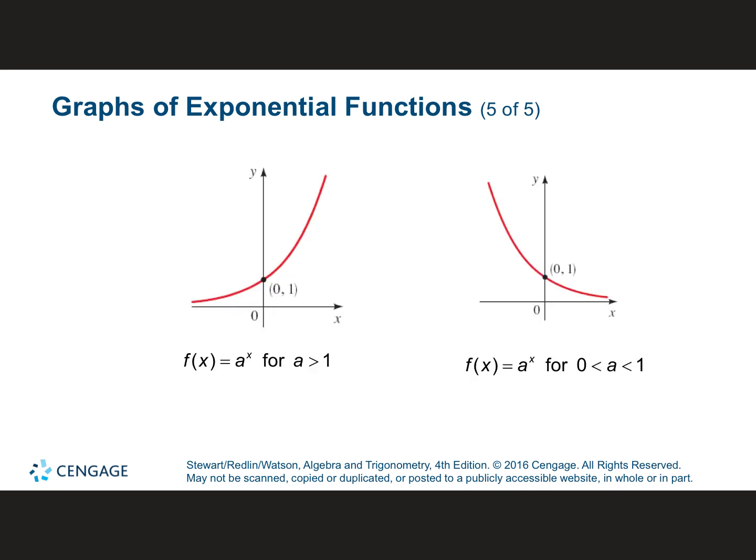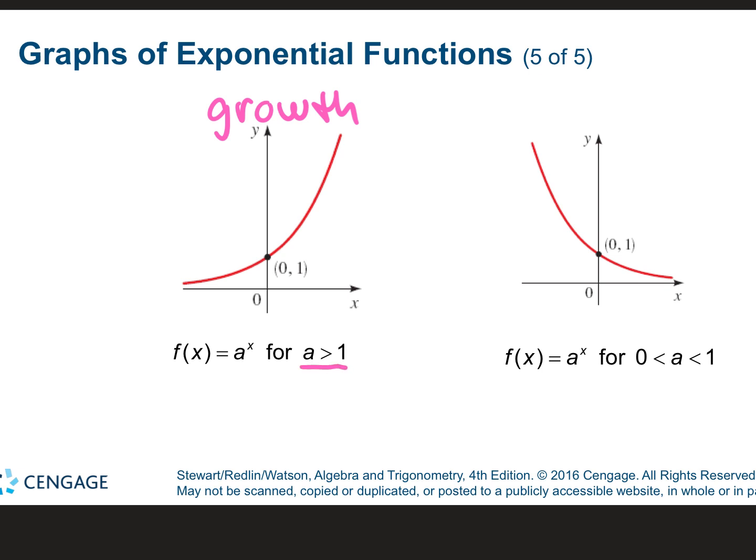All right, next. So here on the left side, is this graph exponential growth or decay? Growth, because it's increasing. So we have exponential growth whenever our base is greater than 1. So if we had something like 3 to the power of x, 2 to the power of x, 10 to the power of x, anything where our base is greater than 1 will have exponential growth.